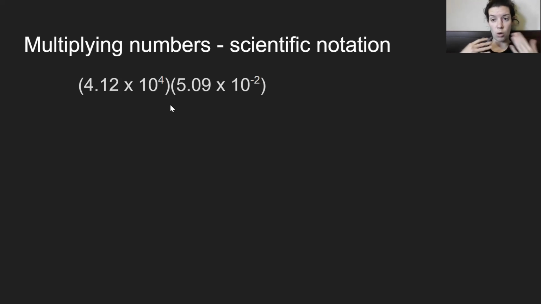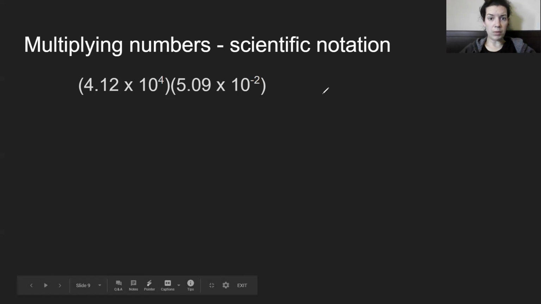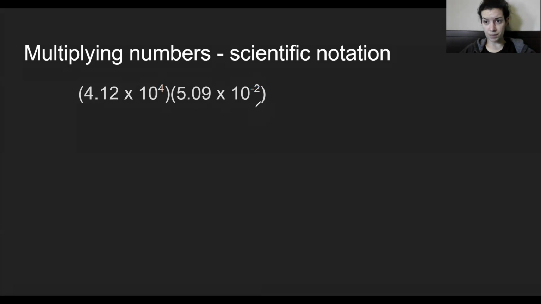So let me show you the long way, the more technically correct way, and then I'll show you the calculator method. Here I have an example of a problem where I am multiplying two numbers in scientific notation against each other. When I'm multiplying numbers in scientific notation against each other, what I'm going to do is separate out the coefficients from the base with the exponent, okay?